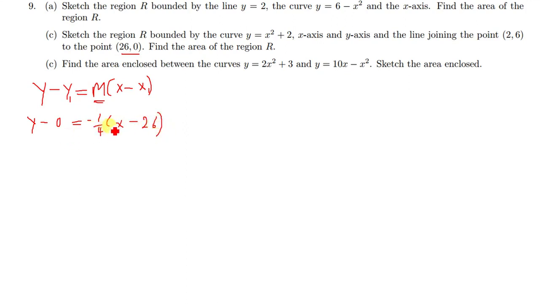You can choose either of the two coordinates to use as your x1 and y1. So our equation will be y equals negative 1 over 4 x plus 26 over 4, which is just the same as 13 over 2. This is going to be your equation.